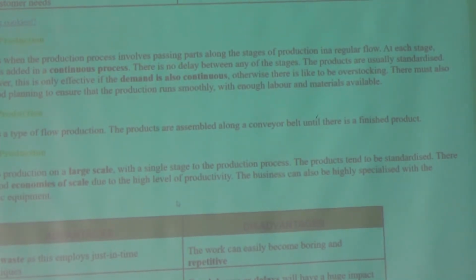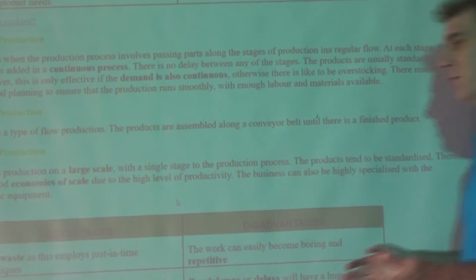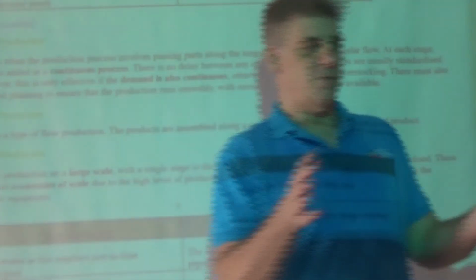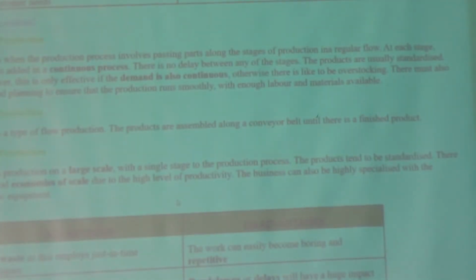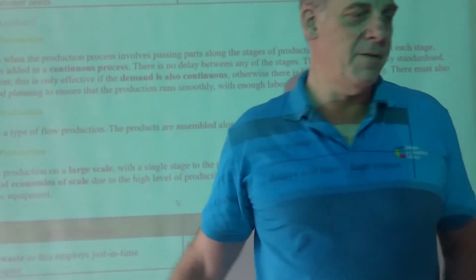Flow production. This is when the production process involves passing parts along the stages in a regular flow. So in the batch system, we go to the oven, move this group of donuts over here and put the next one in the oven and keep shifting things around.